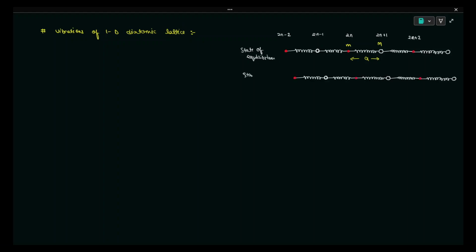Now at the state of displacement, each of these atoms is slightly displaced from its mean position. Let's call the displacement of the 2nth atom u2n, and similarly for the 2n plus 1th atom, u2n plus 1, and similarly for others.